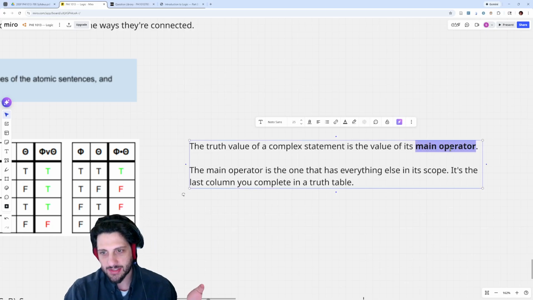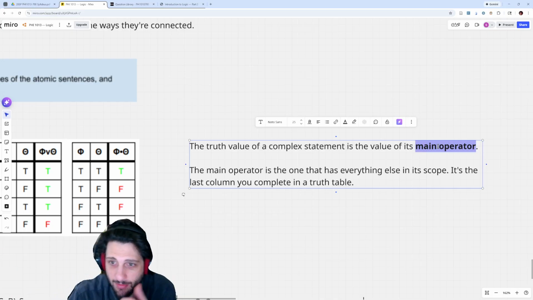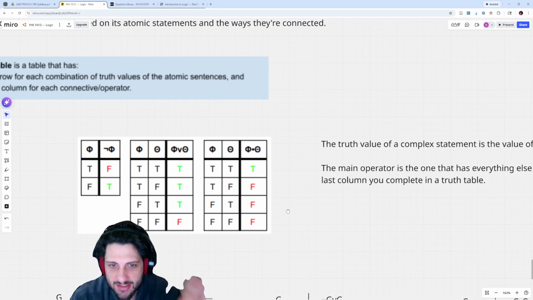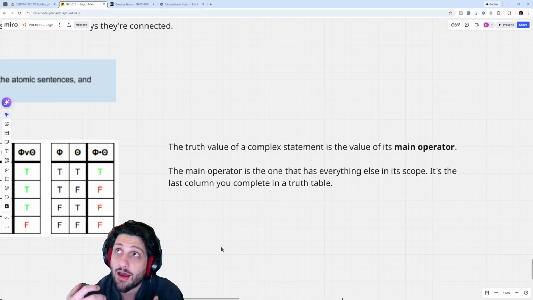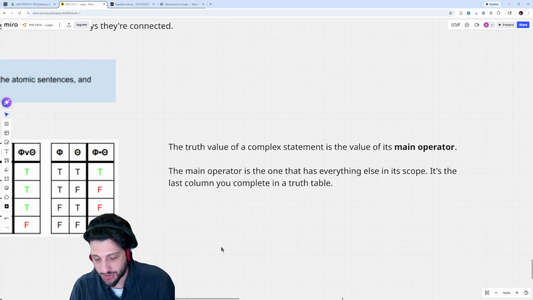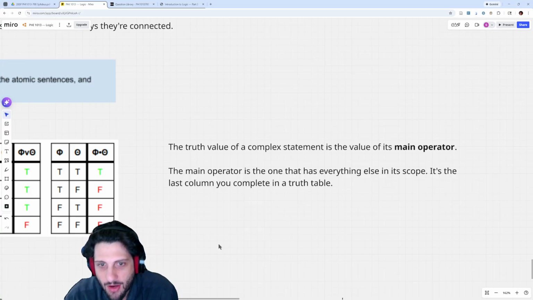We finished off last unit and last week by talking about main operators. These are the operators that, when we're doing a big complicated statement, appear last. When I say appear last, I mean if we were constructing these statements, they would be the last piece of the construction. The idea is that they have everything else in their scope, right?